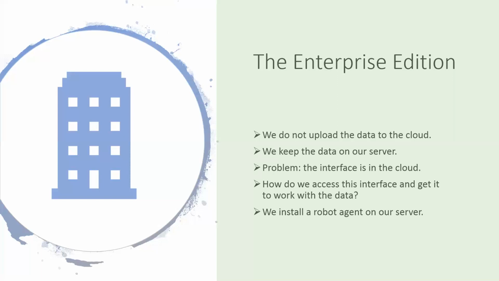This robot agent is a product created by Galvanize. It works with robots. It is a Galvanize product. So the robot agent itself sits on the server where the data is, and it knows how to get into HighBond and into the robots program to communicate with it and so forth.